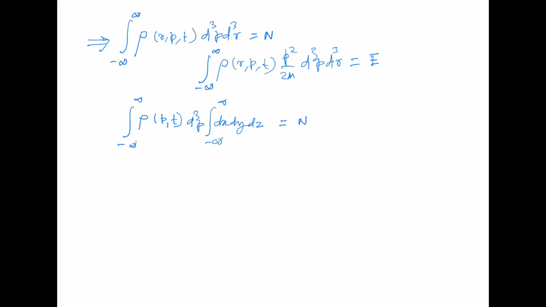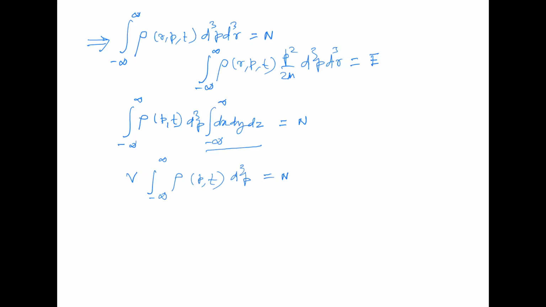The integration of rho over p and the integration of dx, dy, dz, meaning x, y, z, are now independent, because rho is no more a function of position coordinates. But what will it result in? This will be the integral from minus infinity to plus infinity of rho(p, t) d3p, and this integration will give us V equal to N. Now why so?